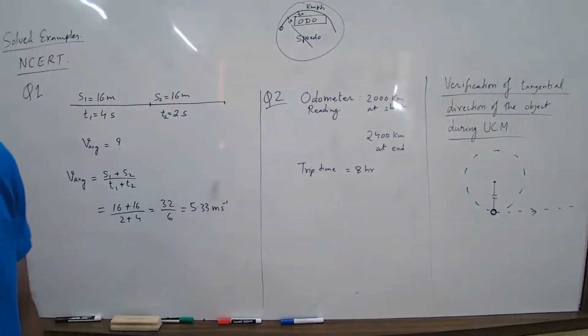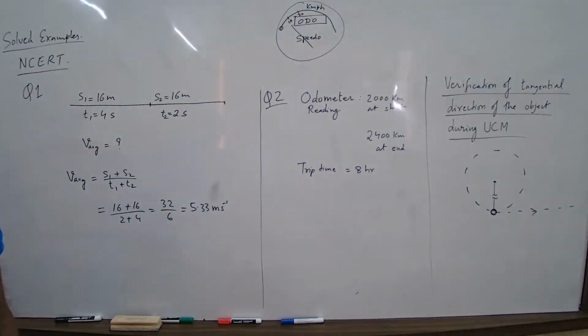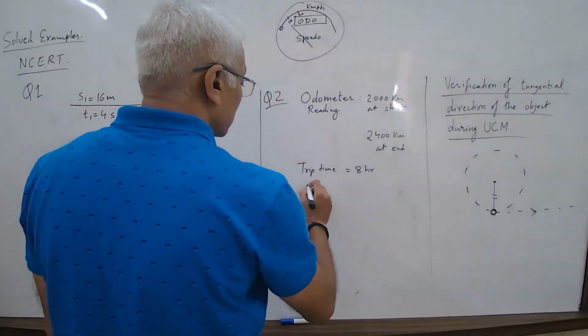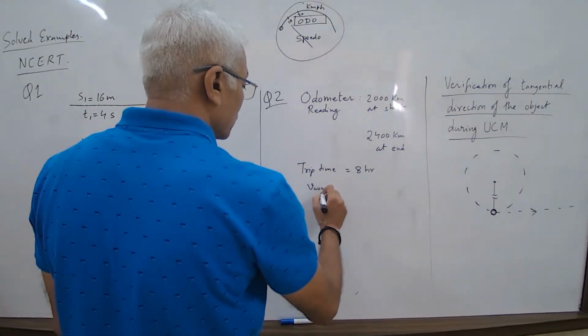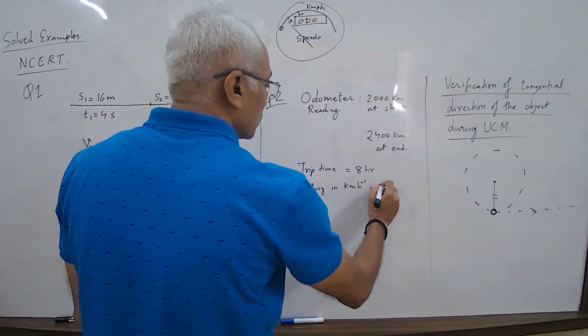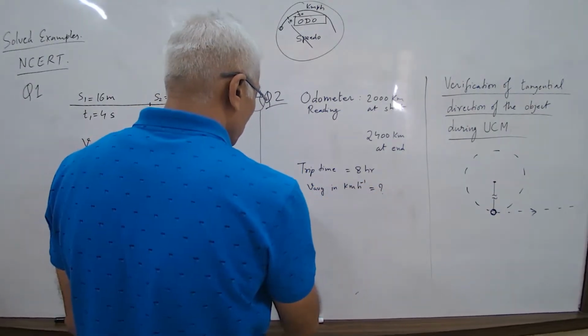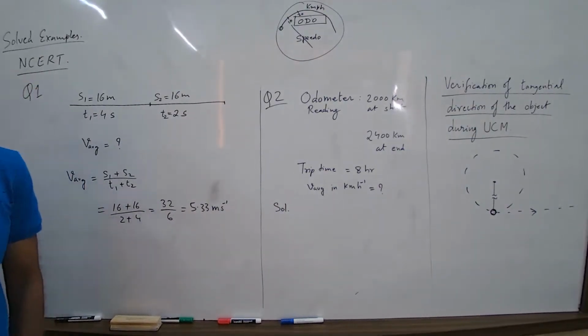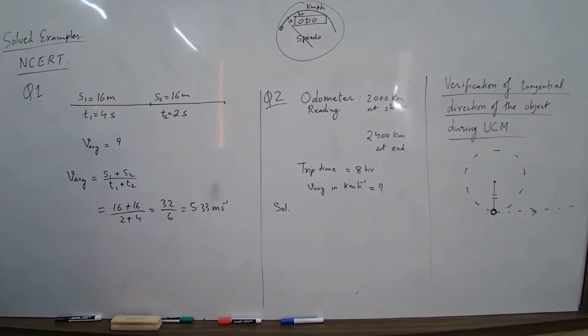What do you have to find? Calculate the average speed of the car in kilometers per hour. This you have to find. Average speed, same formula.